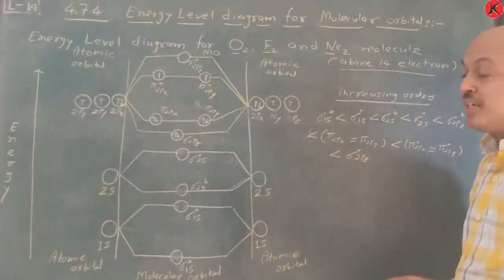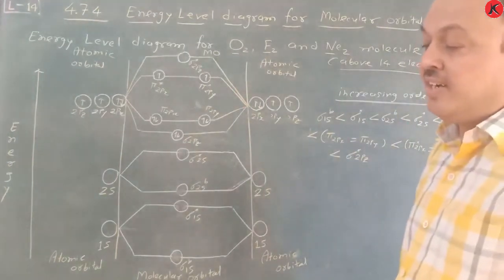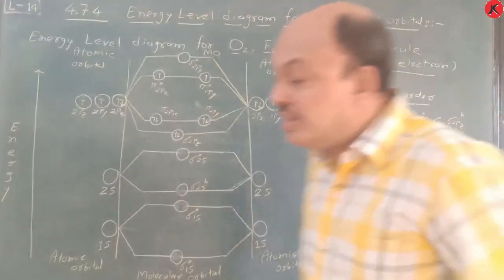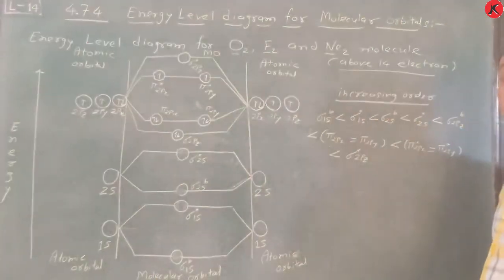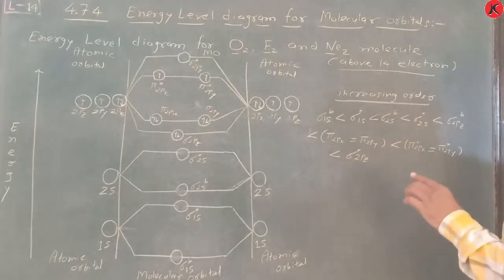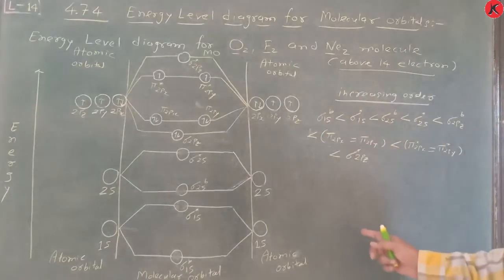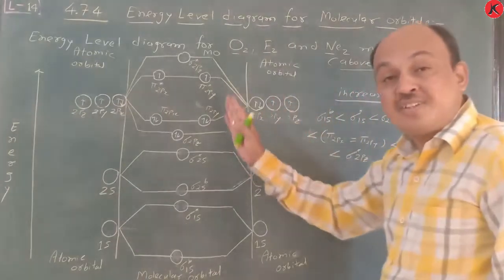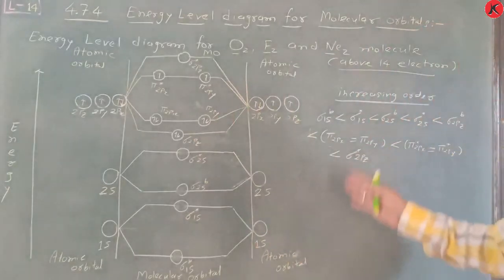Now we move towards the next topic, electronic configurations and molecular behavior. This is a very important topic, so write it completely, and remember the next lecture, that means the next session, is very important. Take a screenshot of this first diagram, and this is the second diagram, and according to that you have to draw the structure.